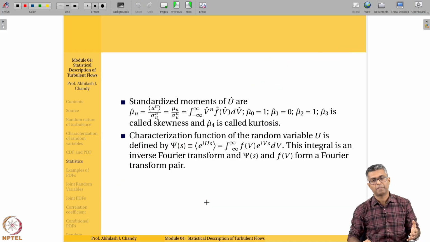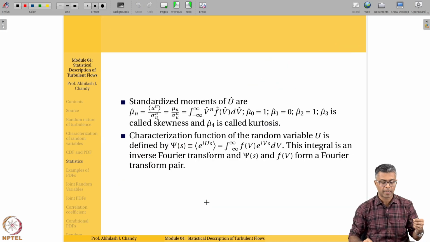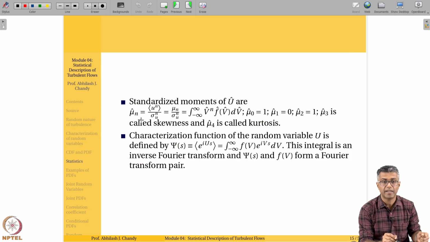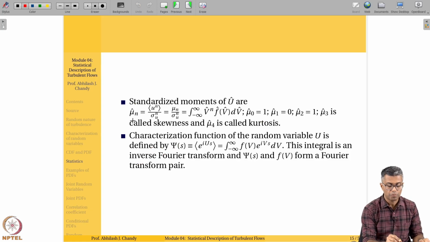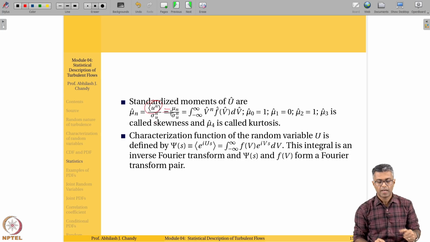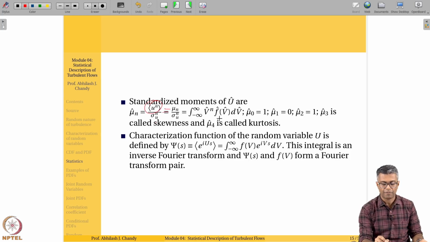So you can go forward and then find out standardized moments of u. So mu n hat is the mean of u to the n divided by sigma u to the n, or mu n divided by sigma u to the n, because the numerator is the same as mu n. And then you can write this as the integral of v hat to the n times f of v hat, again all hat variables indicating that they are standardized values.